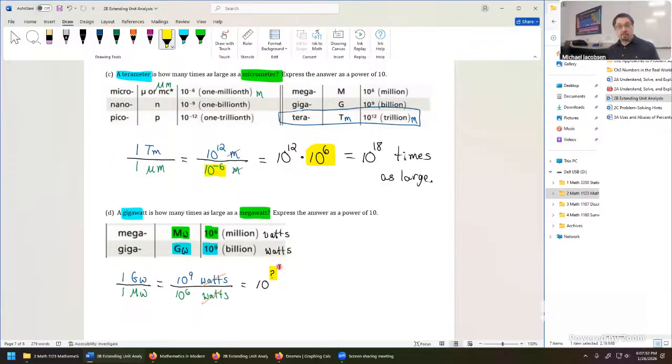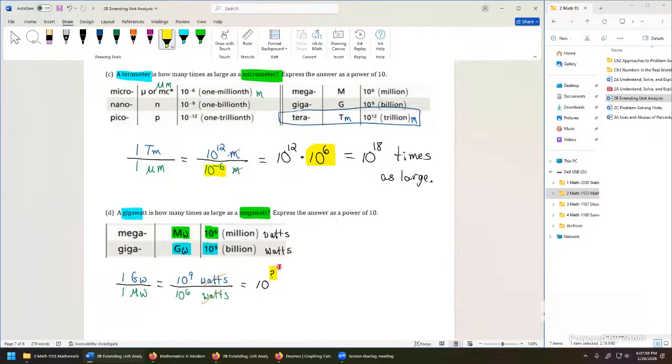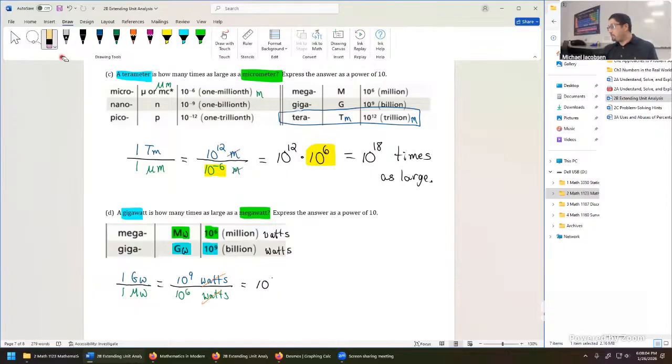It wouldn't be right on 4, but you're very close. 10 to the power of 3. Yeah, exactly. This one would come out as power 3. So we can say 10 to the power 3 times as large.